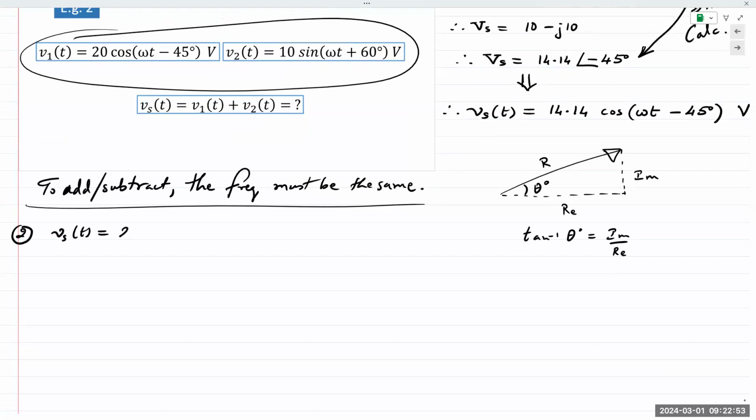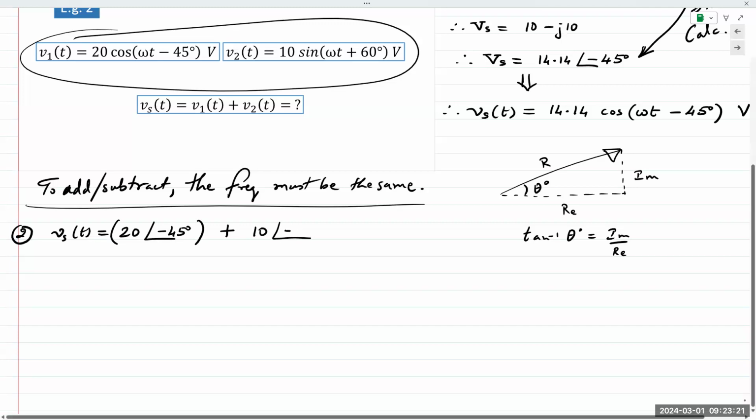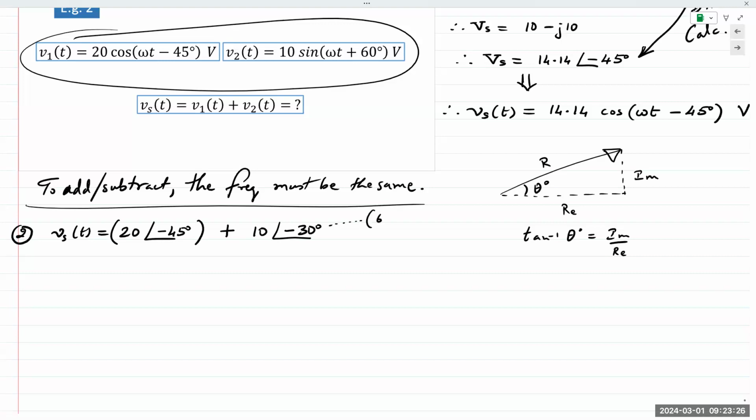Vs of t is 20, and I'm directly writing down the phase angle. This would be minus 45. That's the first term, V1 of t, plus, if I convert this, it would be cos of 60 minus 90, so it'd be minus 30 degrees.